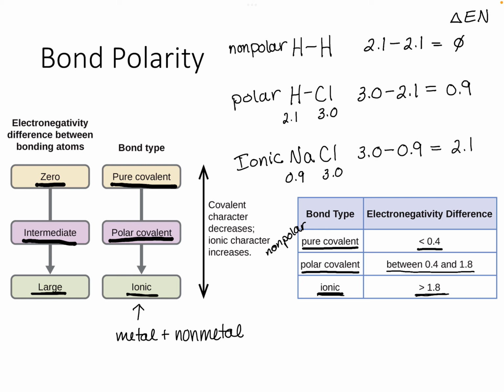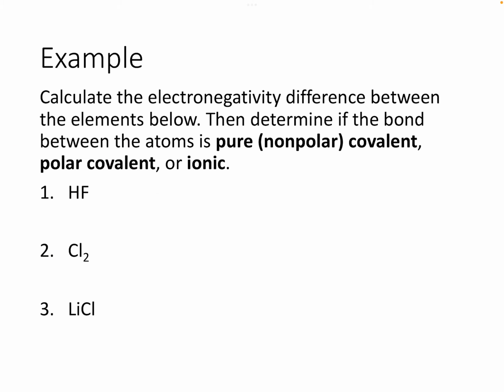So let's do some more examples, and let's see if we can figure out whether we have a nonpolar covalent bond, a polar covalent bond, or an ionic bond. And we'll do these ones together. So let's look at HF, hydrofluoric acid.